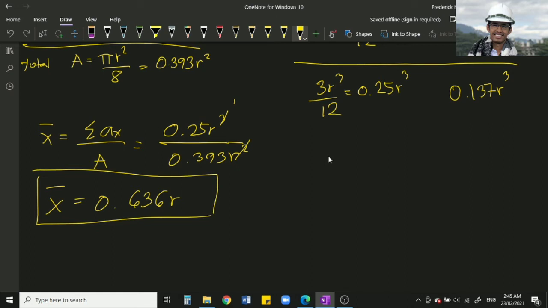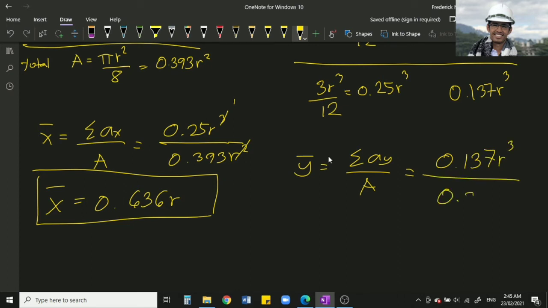And for bar y, summation of ay over total area, so ay will be 0.137 r cube over 0.393 r squared.